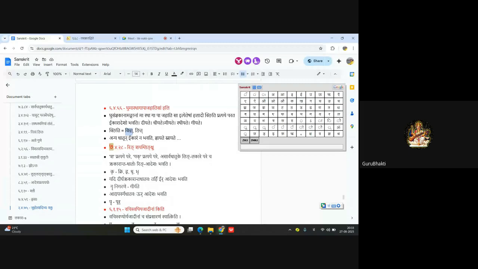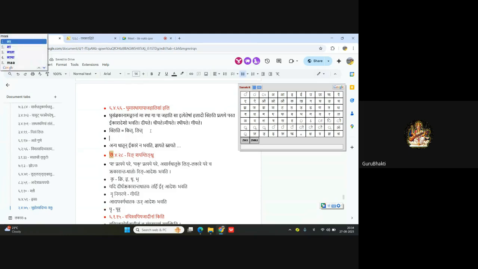If the nakara gets its sangya, then it is called nit. Kniti pratyaye parataha: if there is a kit or nit pratyaya after it, then ikara adesha happens.